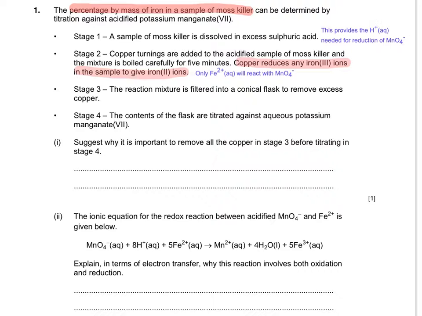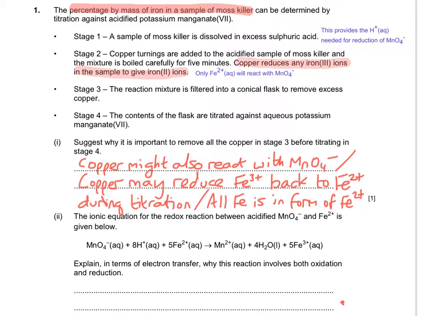So moving down to where it says suggest why it's important to remove all the copper in stage 3 before titrating in stage 4. So there's actually several different things you could say. Copper itself is a reducing agent because of its position in the electrochemical series compared to iron.